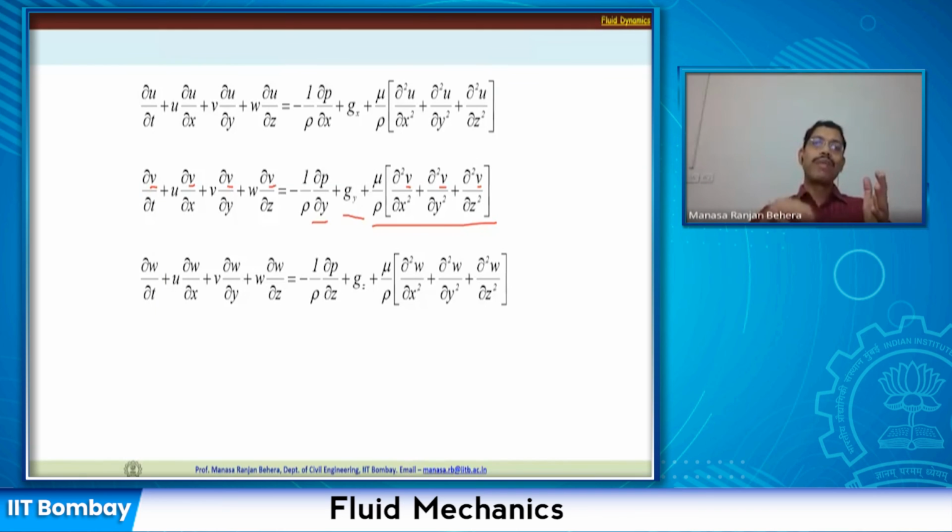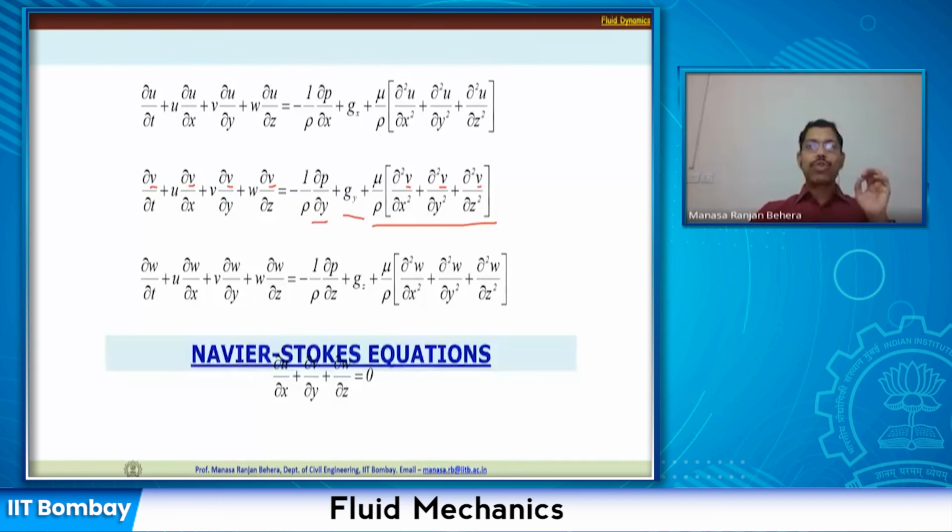So we need one more equation to solve the four unknowns. To do that, we add the continuity equation to get the full set of equations. This set can be used to solve the four unknowns and get a solution for any fluid flow problem. And this is nothing but your Navier-Stokes equation.